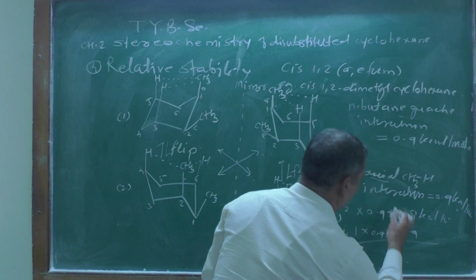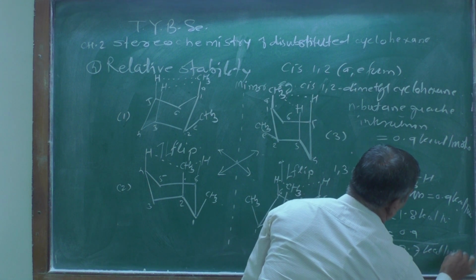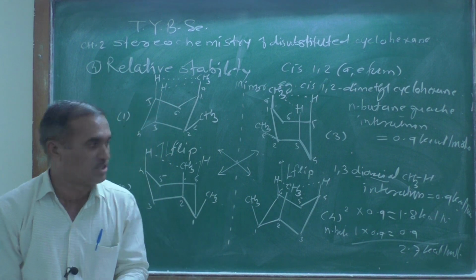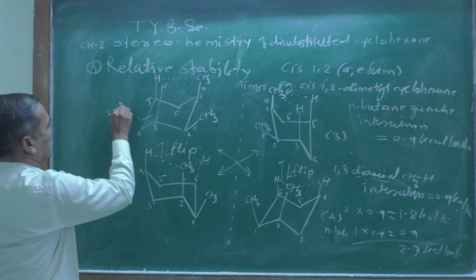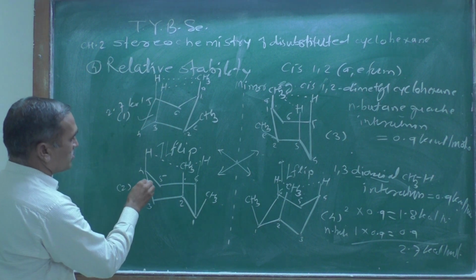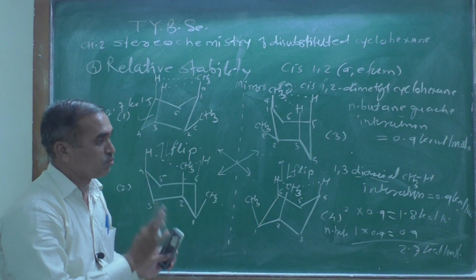So the total energy associated is 2.7 kilocalorie per mole. This much energy is associated with this conformation, 2.7 kilocalorie per mole. This also has 2.7. This also has 2.7.